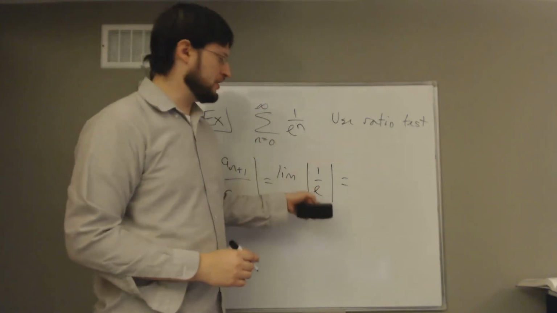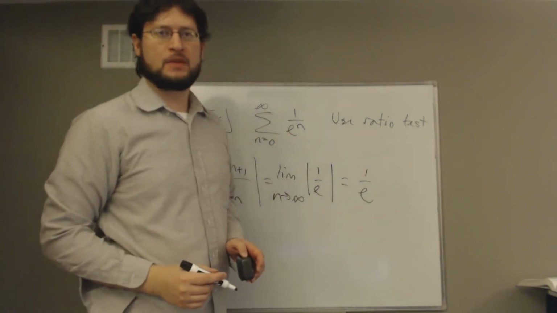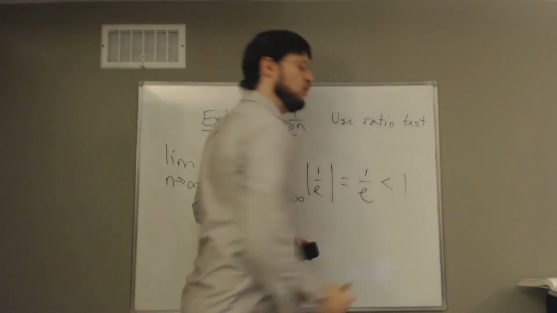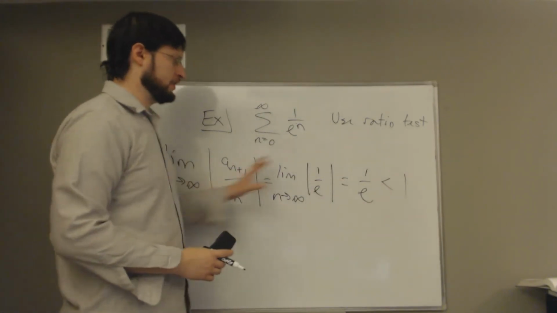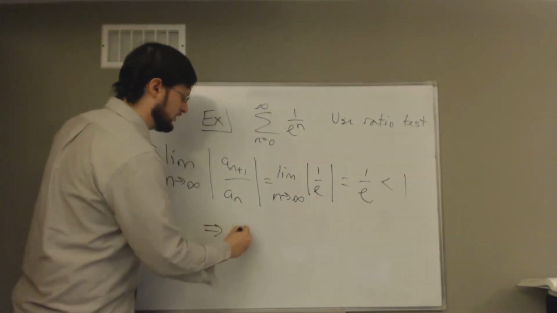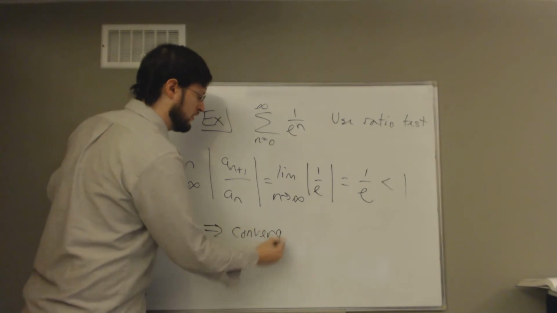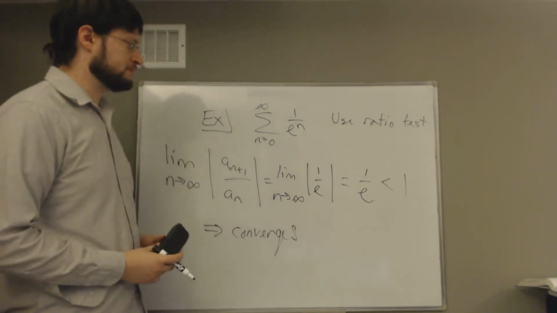Well, I don't have any n's in here at all. I just get 1 over e. But 1 over e is less than 1, and that's what we're looking for when we apply the ratio test. Take this limit, see what you get. If it's less than 1, that tells me that the series converges, which is what we also concluded using the integral test.